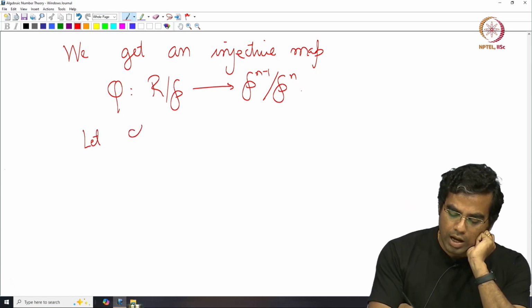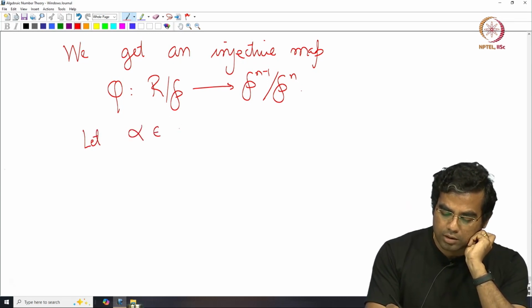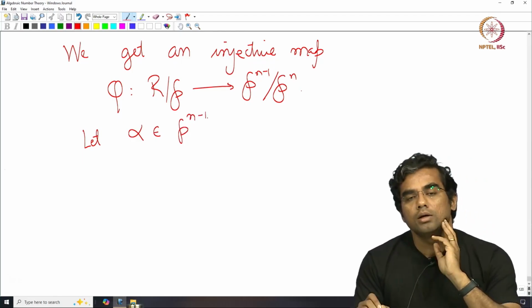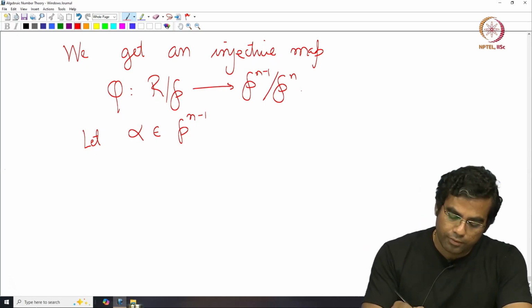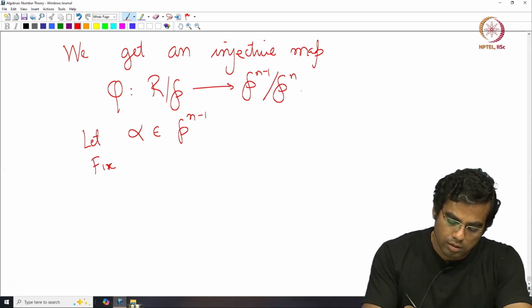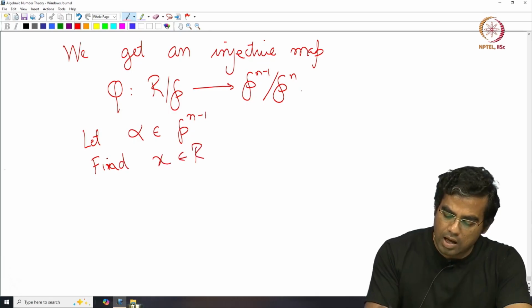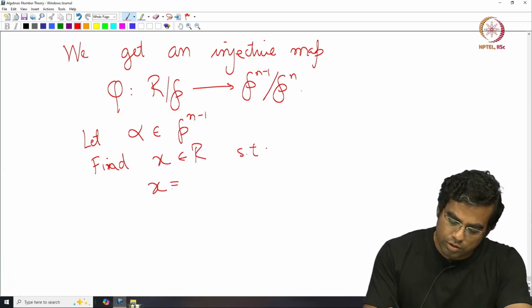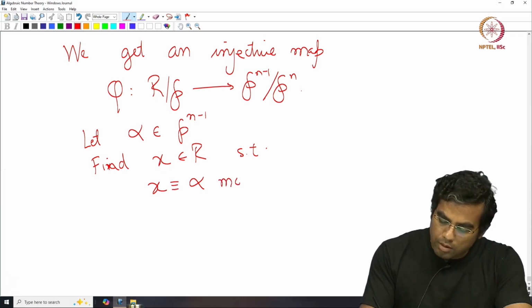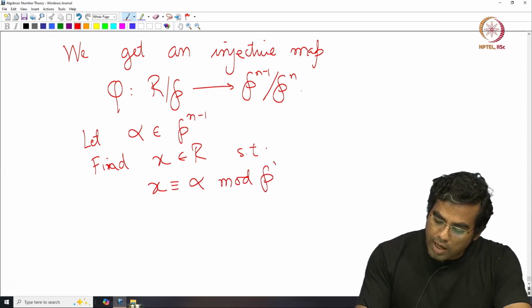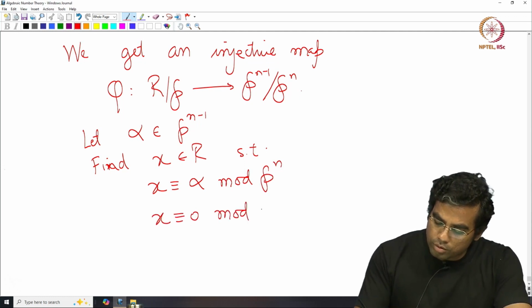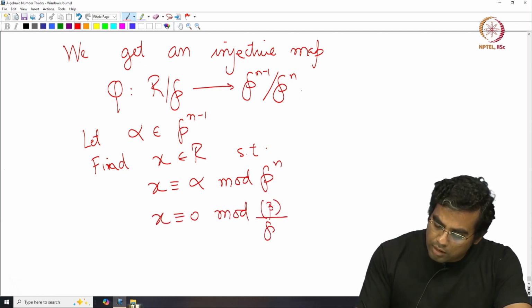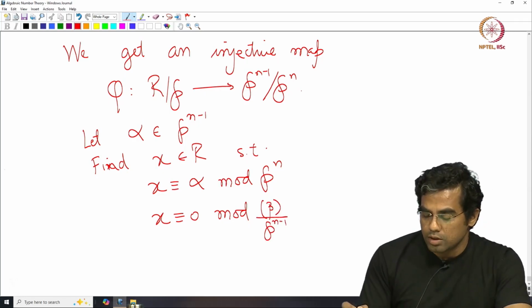So, let alpha be an element in P^(n-1). Now, we are going to use the Chinese remainder theorem. So, we find x in R such that x is congruent to alpha modulo P^n, and x is congruent to 0 modulo the ideal generated by beta over P^(n-1).